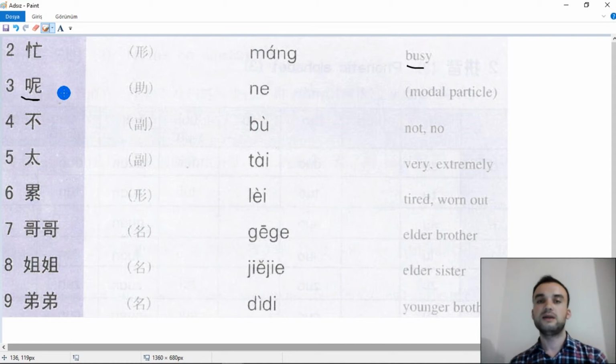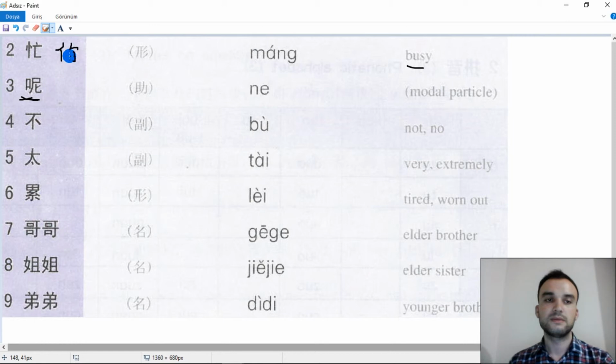You can say 你呢? It means and you, what about you? Ne doesn't have a tone. 你呢? And you, what about you?